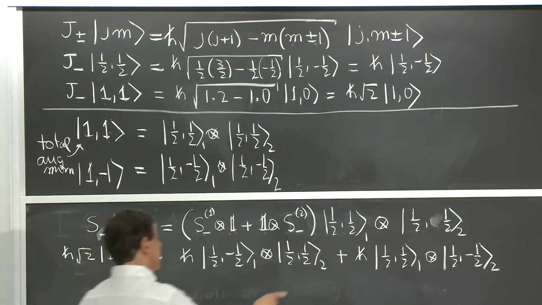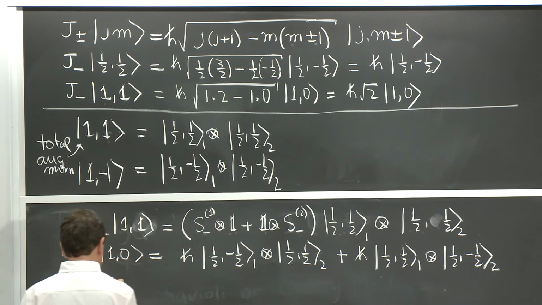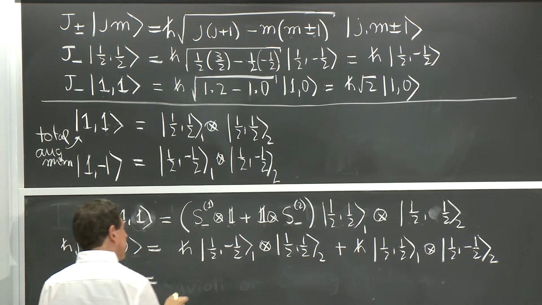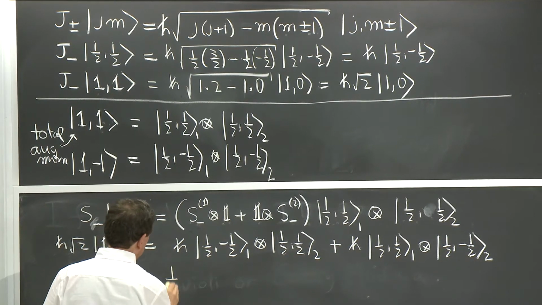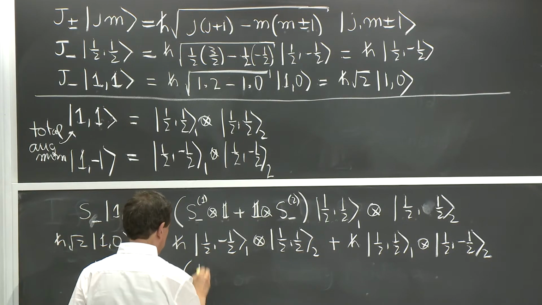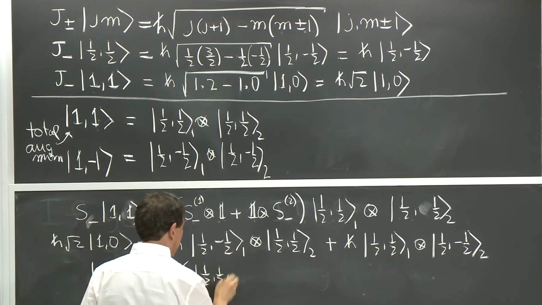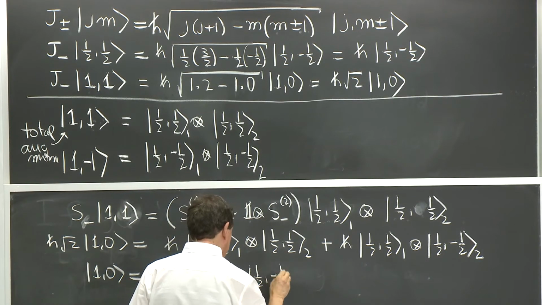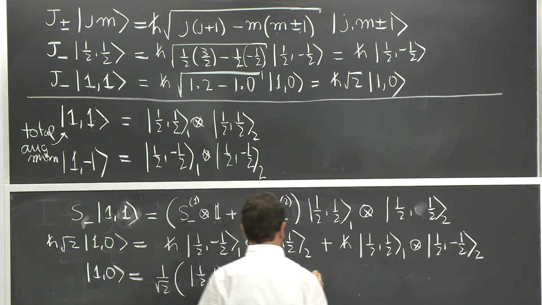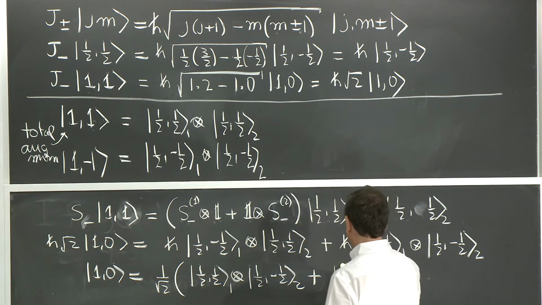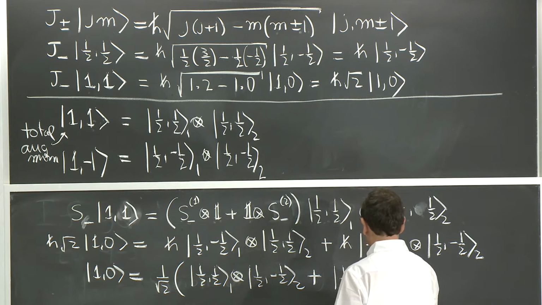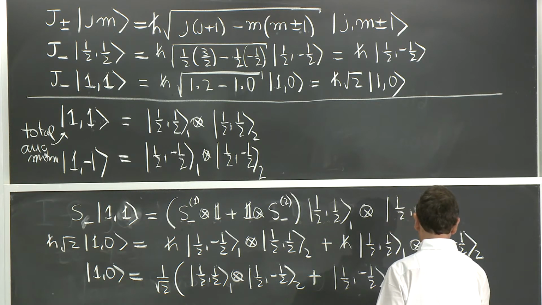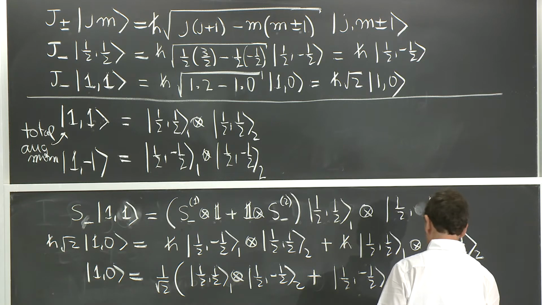I'll write this state first. So I'll write this answer as |1,0> is going to be 1 over square root of 2, sum of two states, |1/2,1/2>_1 tensor |1/2,-1/2>_2, plus |1/2,-1/2>_1 tensor |1/2,1/2>_2.